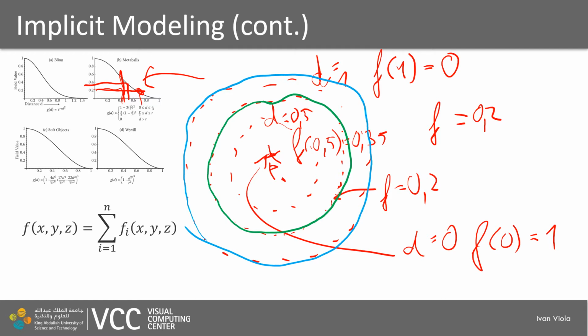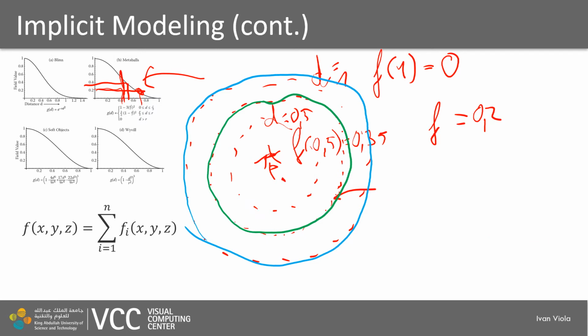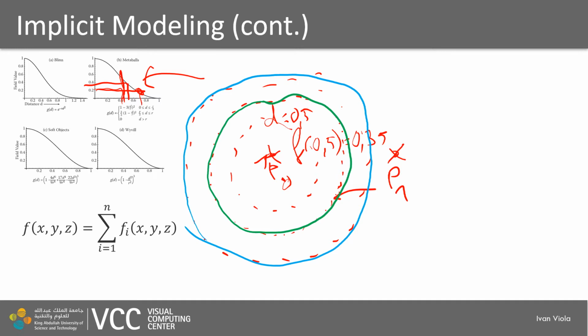Now, let's have a look at, because we have just so far one point, that's not too great a representation, because we can only represent spheres or circles. But now let's put one more point into this representation. So we have here P0, as I said, and now let's put point P1 here. And this point P1 will have also some distances.